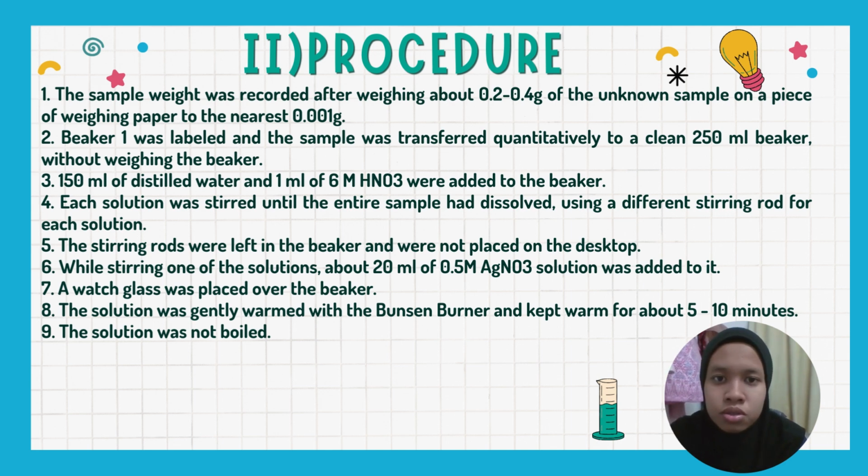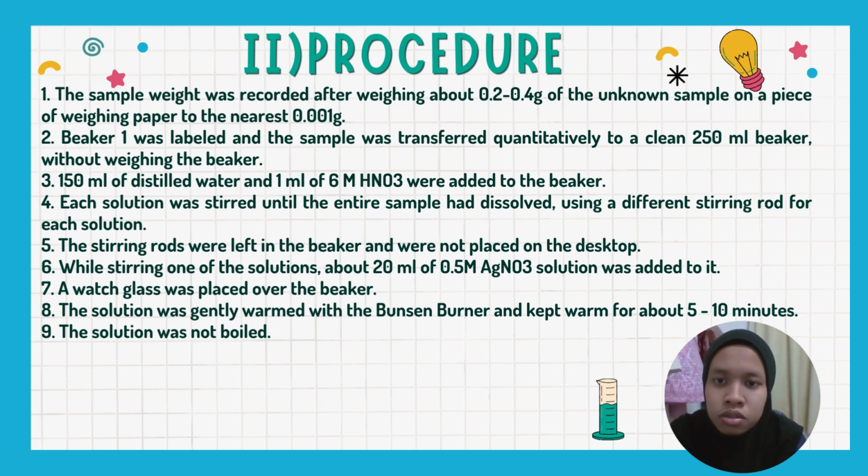Second is procedure. In the procedure, first, the sample weight was recorded after weighing about 0.2 to 0.4 gram of the unknown sample on a piece of weighing paper to the nearest 0.001 gram. Second, beaker 1 was labeled and the sample was transferred quantitatively to a clean 250 ml beaker without weighing the beaker.